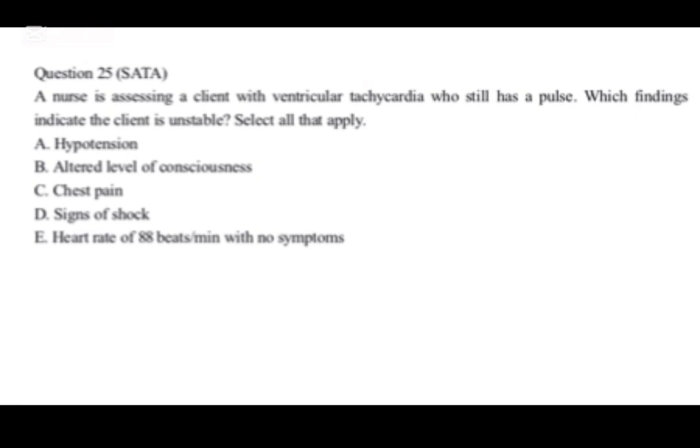E. Heart rate of 88 beats/min with no symptoms. Correct answers, A, B, C, D. Rationale. Unstable ventricular tachycardia may present with hypotension, chest pain, altered mental status, poor perfusion, signs of shock. These findings require immediate intervention, often synchronized cardioversion.